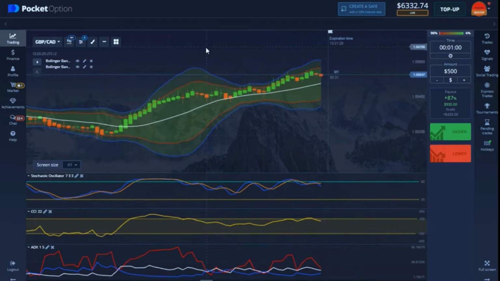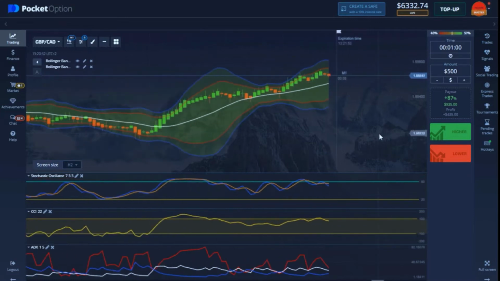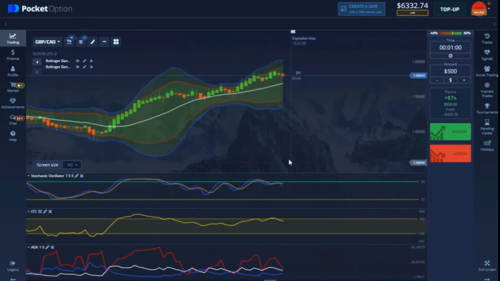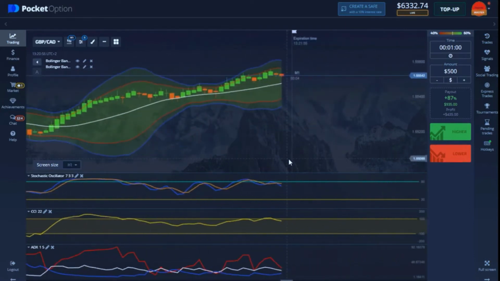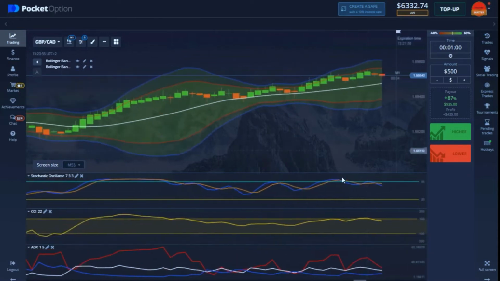Right now let me explain very quickly how this strategy works before I go ahead to take a trade. The major thing I want you guys to take note of is the ADX indicator, the last indicator here. We are only taking a trade when all the ADX lines match each other.